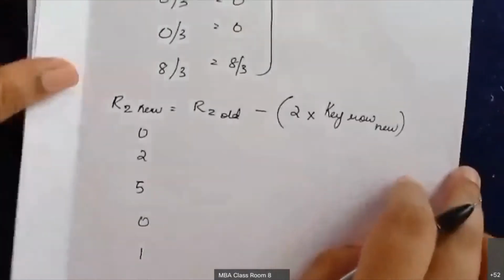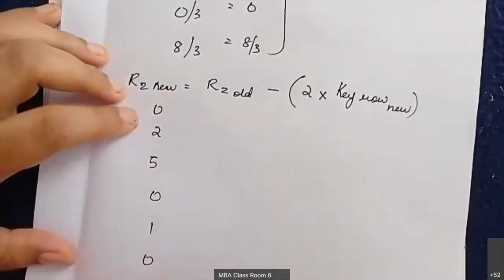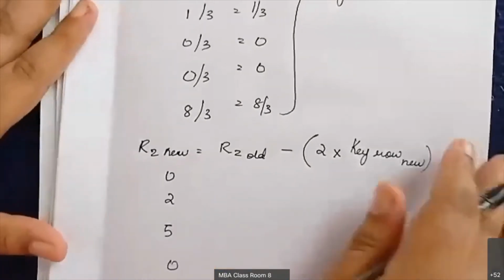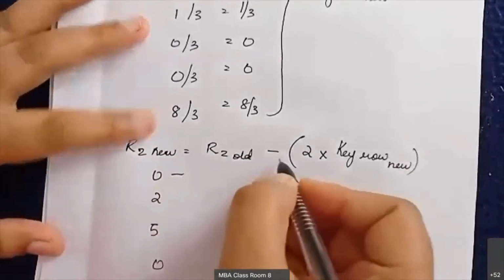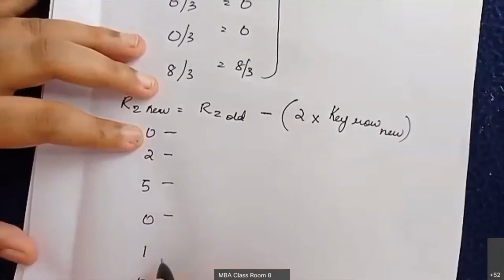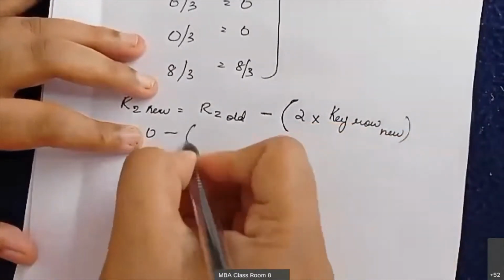You see, I have taken down the numbers in the R2, R2 old including the solution number. Solution number was 10. R2 old minus. The easy method is just put minus everywhere. Then I have a bracket here now.